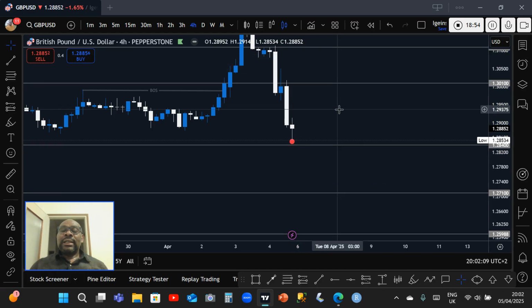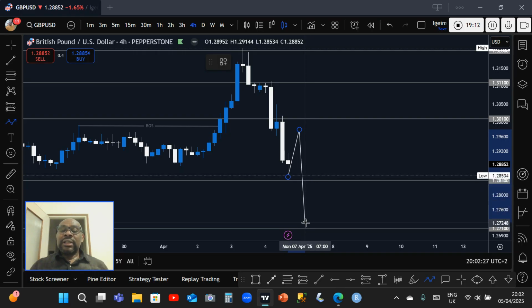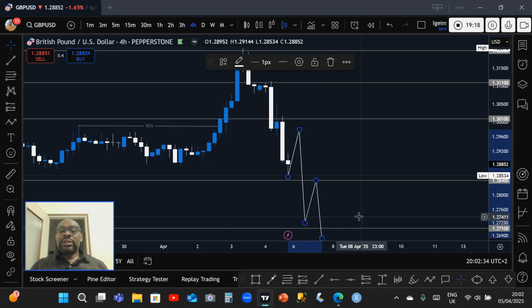But if the sellers are still more than the buyers, what will happen is there will be a push to the upside. All right, this movement will fail, then it will now start coming down to break this level, retest this support, then it will now start pushing to the downside.